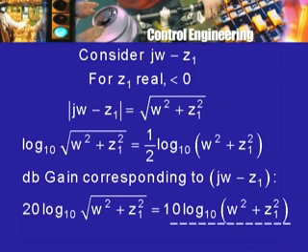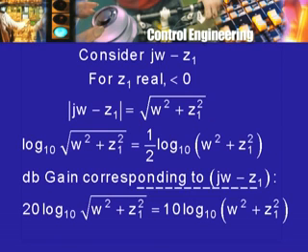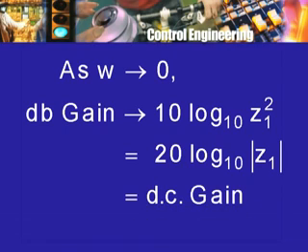So, this whole thing will approach 10 log to the base 10 of Z1 square, or 20 log to the base 10 of Z1. So, if I know the location of the 0, then 20 log to the base 10 of Z1 will give me the DC gain. So, corresponding to this factor, there will be a DC gain of this amount, 20 log to the base 10 of Z1. So, that is the behavior as omega tends to 0.